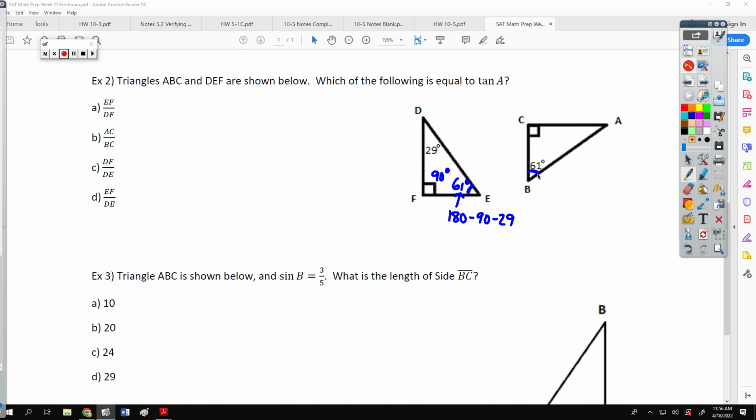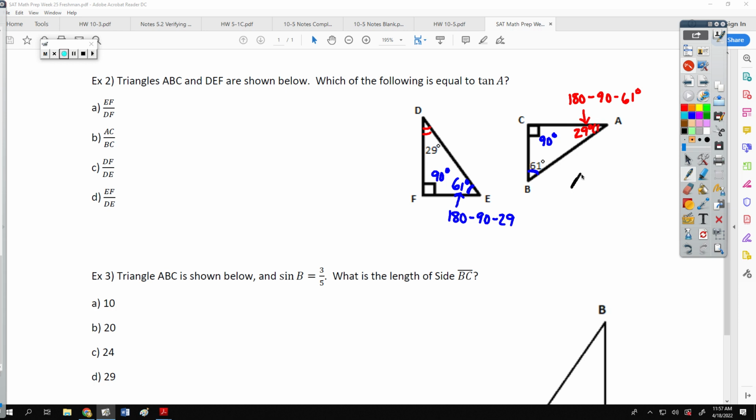Now, in your geometry classes, you should have discussed how if two angles in a set of triangles are equivalent, the third one has to be. So it wouldn't necessarily be required, but you could do the same thing with the other triangle to realize that angle A is 29 degrees, meaning that angle A and angle D are congruent as well.